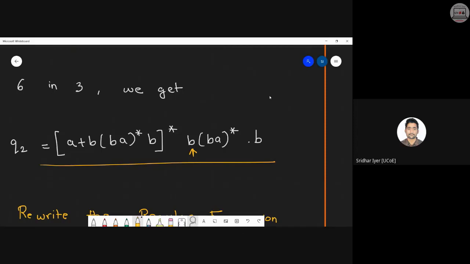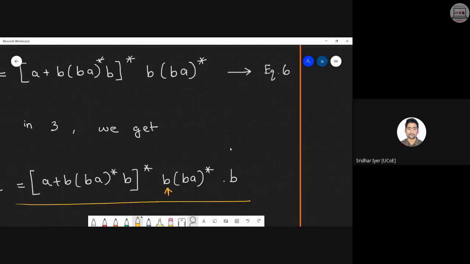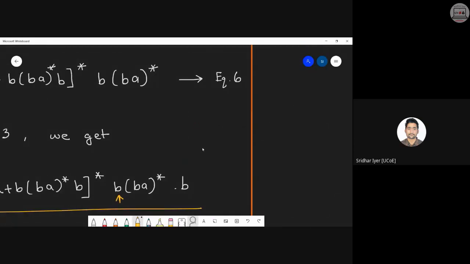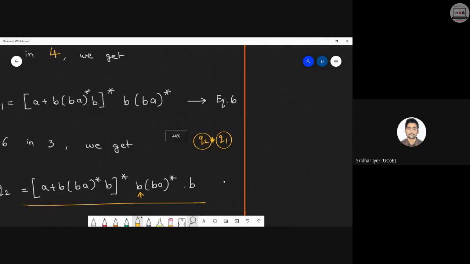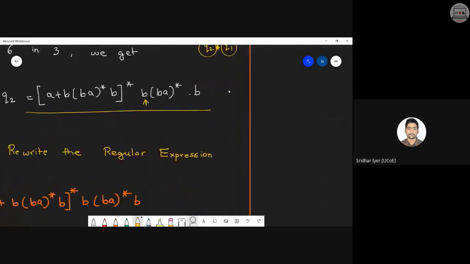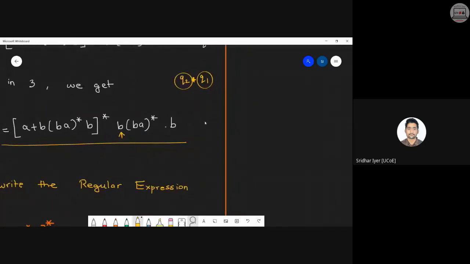No, basically you need to find the final solution for the final state only, whichever is the final state. For example, if there are two final states, Q2 and Q1, then we have to put a plus in between, or it will be an or. Understand that either the machine can be in Q2 state or the machine can be in Q1 state. We will see this in later problems.